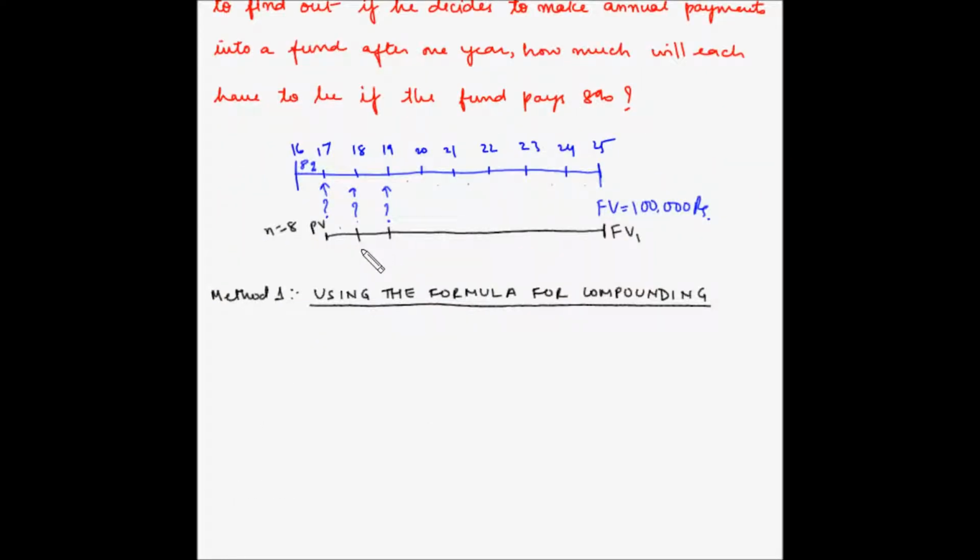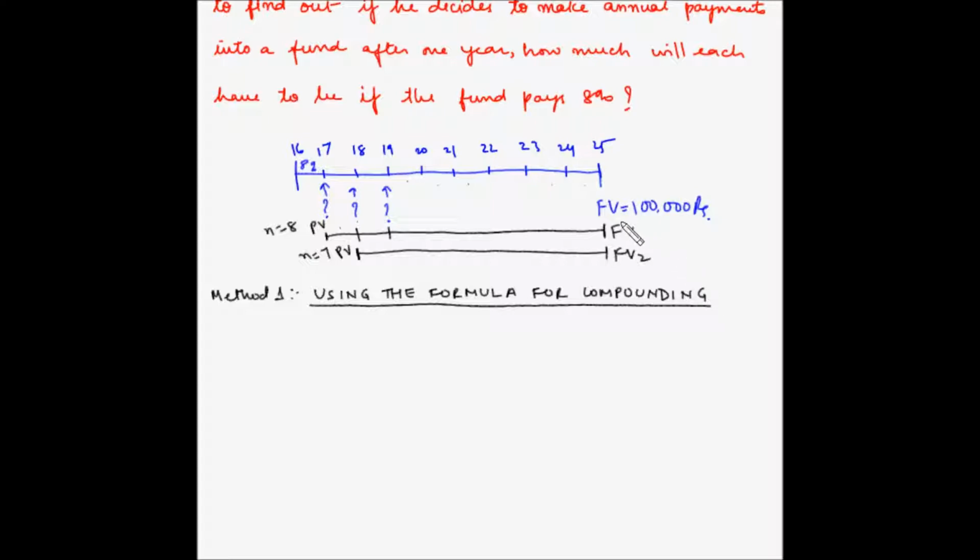Similarly, the second payment being deposited on the 18th birthday will gain 8% per annum for the next 7 years and then give us an amount FV2 on the 25th birthday. Now the initial amount is the same, which we'll call PV, and here n is equal to 7. Similarly, for all the remaining years we'll continue to get an amount FV. So we'll get FV3, FV4, FV5, and so on.